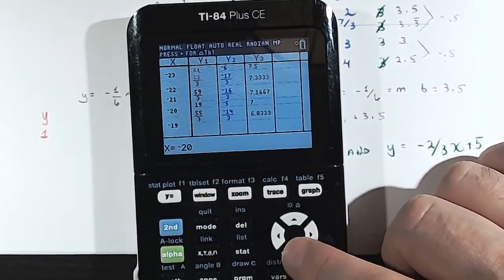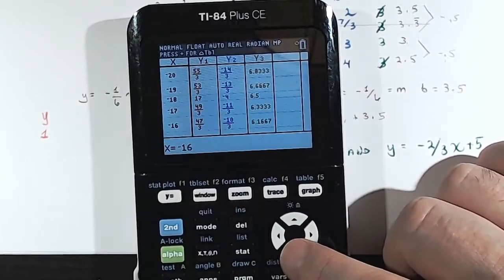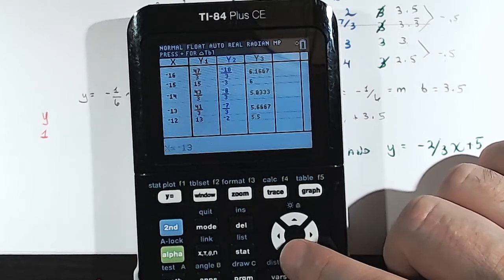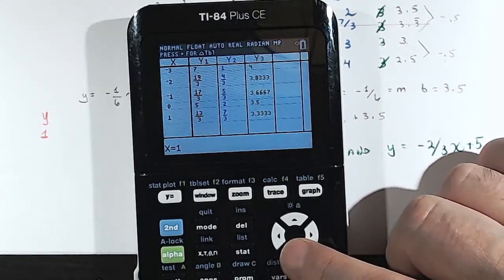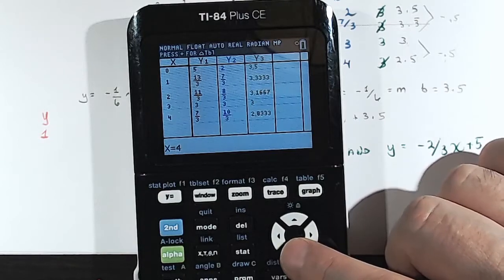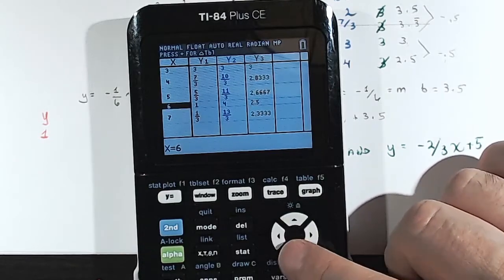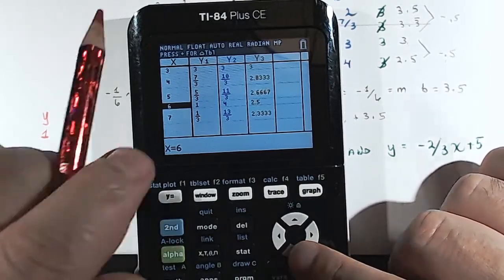When y is 1, for my red equation, there it is, x is 6.